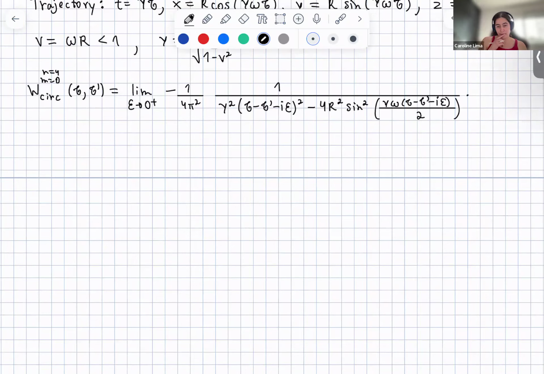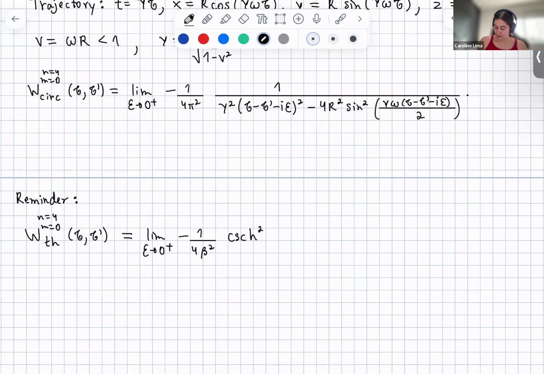So maybe let's just, as a reminder, write the thermal Wightman here, which was also for the massless case and n equals 4. It was this limit here, 1 over 4 pi squared beta squared.